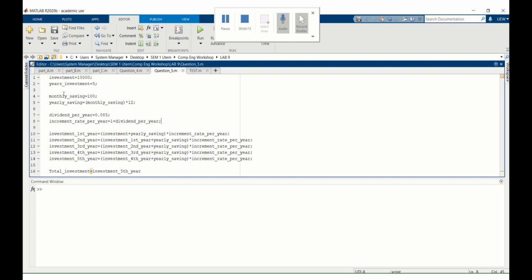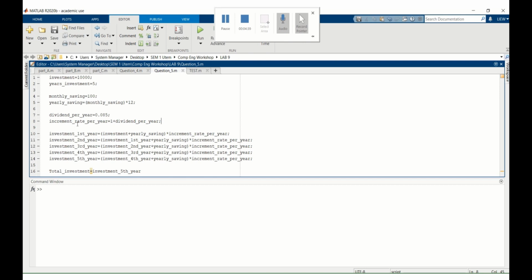So Afika saves 100 every month. That means the yearly saving, the amount you save for a year, is the monthly saving times 12. The dividend per year given by the ASB is 8.5%.